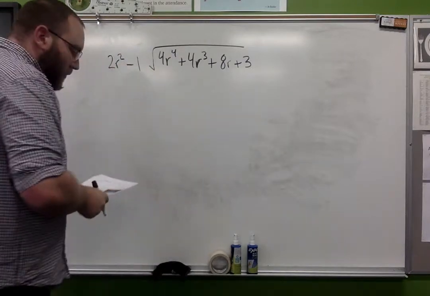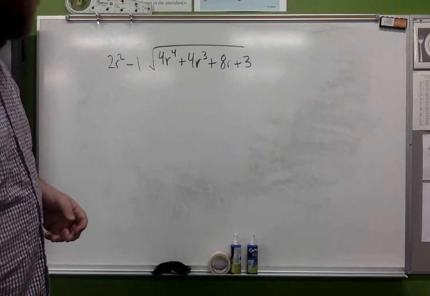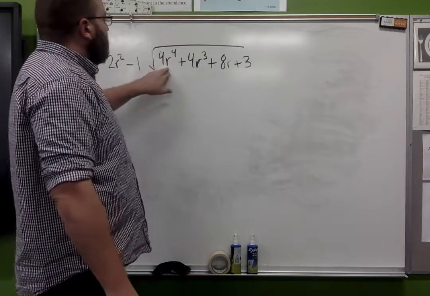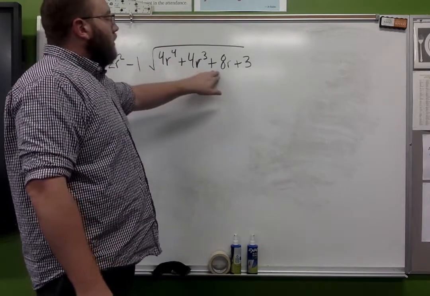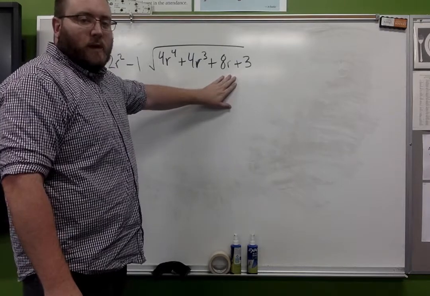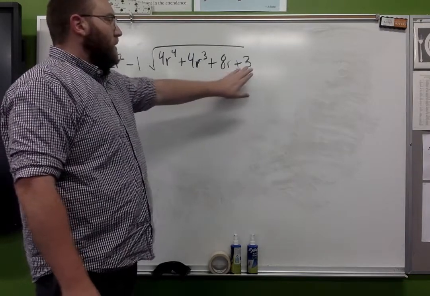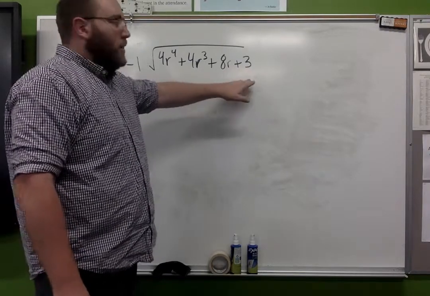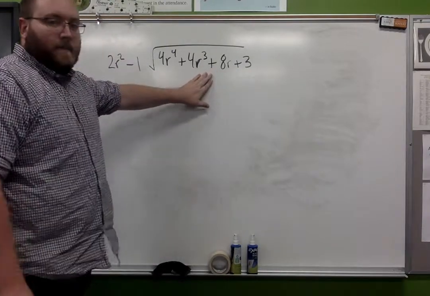Now, before we do anything, I want you to notice we have r to the fourth, r to the third, and we skip r squared and go straight to just r to the first and then the constant. Right? So we skip r squared.